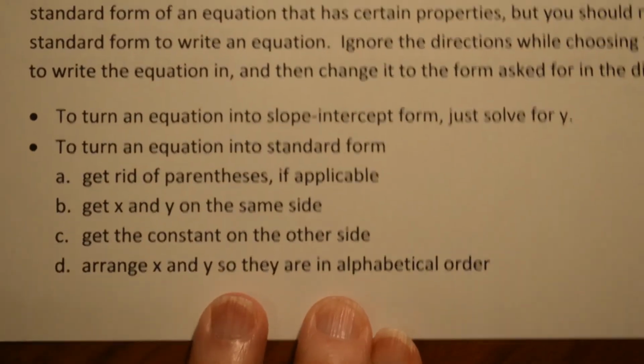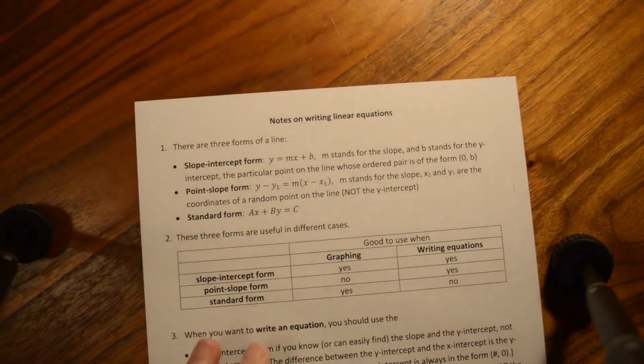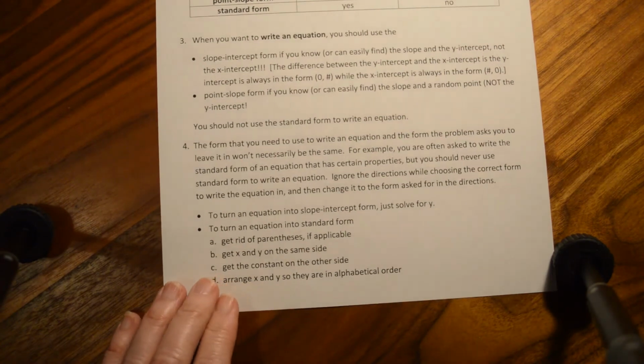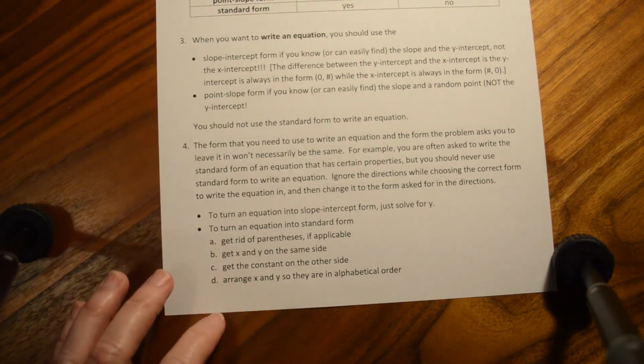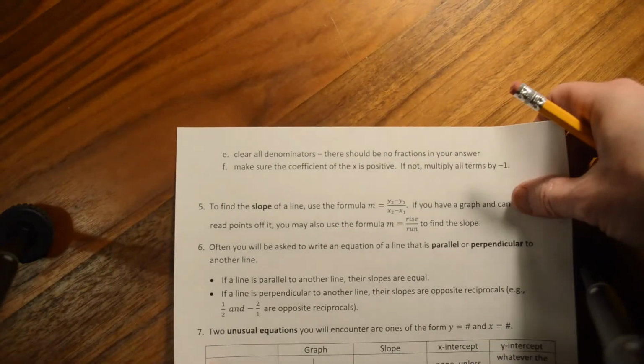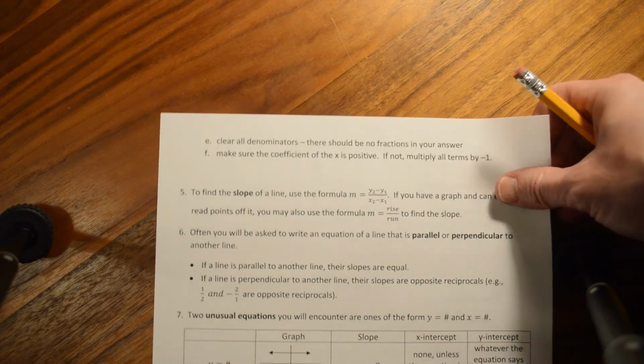Actually, you should have written those down in your notes when you watched the last one of the last videos, but if not, it's on this sheet. It's down at the bottom of the page here, and it starts with 4 of the points, and then the other 2 are on the back of the next page. So it's everything that we've been saying, just written down. Okay, let's move on to the next type of problem.